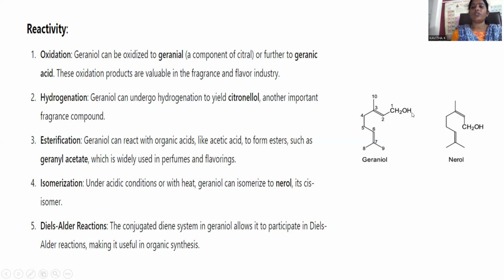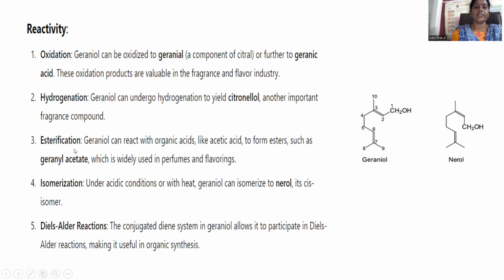That is, the hydroxy compound will be converted into the carboxylic acid, geranic acid, right? Hydrogenation. In this hydrogenation, double bonds will be added with hydrogen, and the hydrogenated product is called citronellol. Citronellol is the product obtained by reducing this double bond and this double bond. So this is another fragrant compound we are getting by hydrogenation.